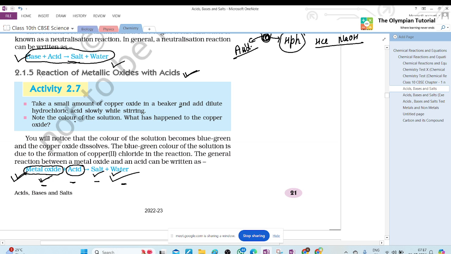So students, write down the heading, reaction of metal oxides with acids. Written.